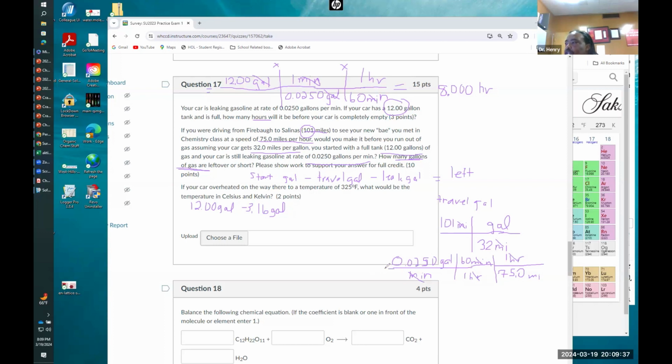So then what is the distance that we're traveling? Isn't that 101 miles? We should have started there as well. So then that cancels out our miles. If we do the math, 101 times 0.025 times 60 divided by 75.